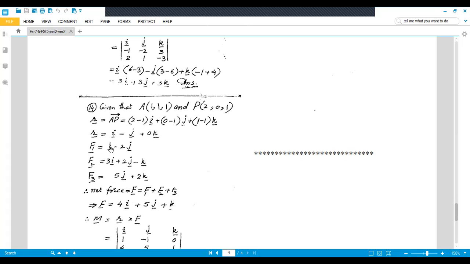So 1 plus 1 is 2, 2 plus 1 is 3, 2 plus 3 is 5. 1 plus 3. So we add all these forces.